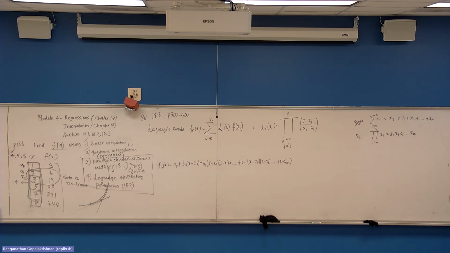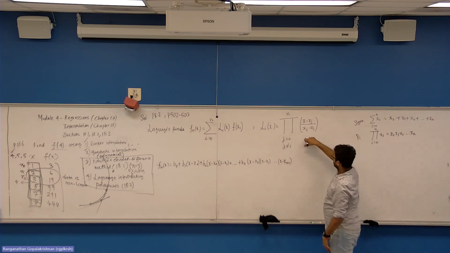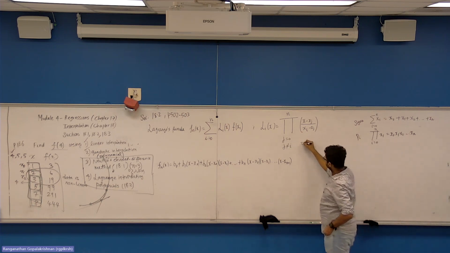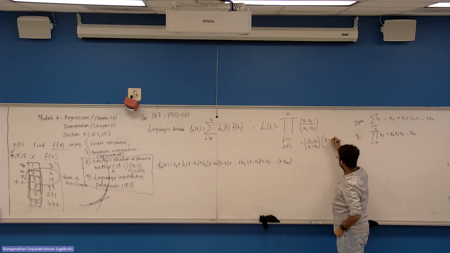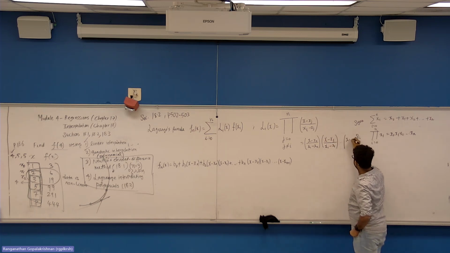So this notation is basically shorthand for j runs from 0 to n: (x minus x naught) divided by (xi minus x naught), multiplied by (x minus x1) divided by (xi minus x1), and so on, up to (x minus xn) divided by (xi minus xn).